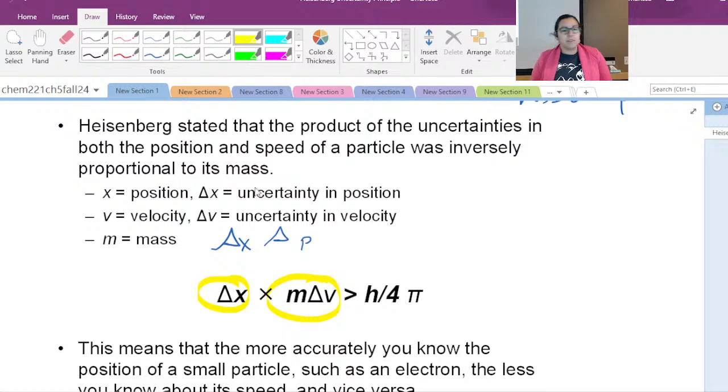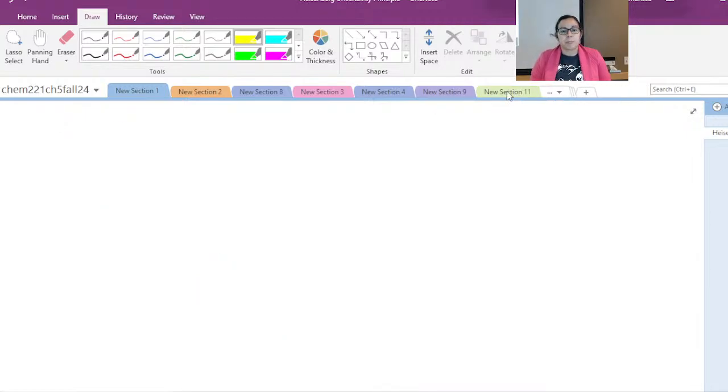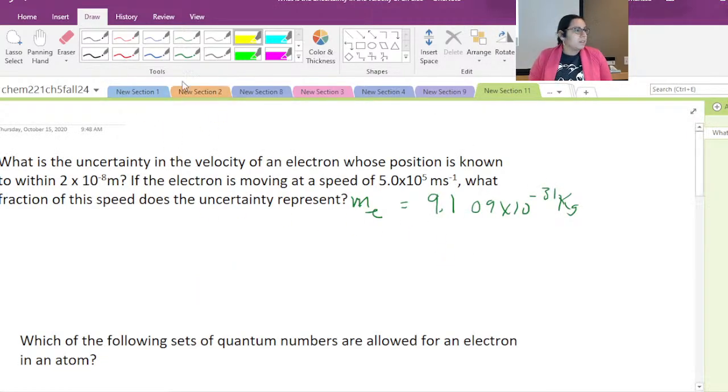So we have, right, this principle. We said that we can know something to within this degree of certainty. So this is a formula that we should start out with. So then that's our first step.